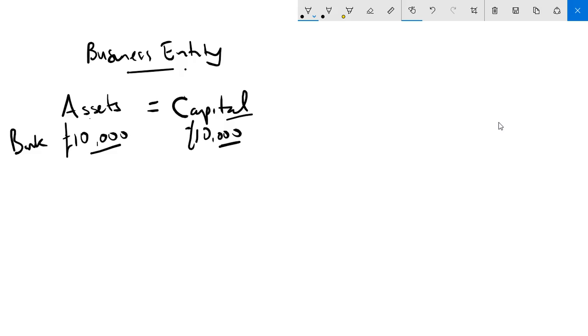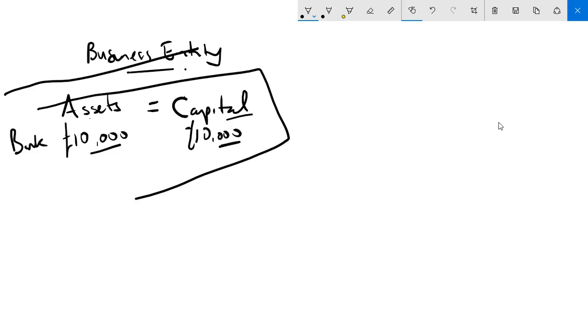This allows us to get a picture of what this business is actually like. The argument in accounting is that the business can't just suddenly have £10,000 appear from nowhere. It must have received that money from at least someone, at least the owner, to begin with.